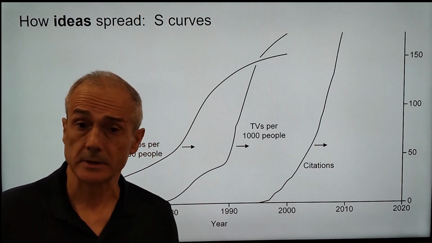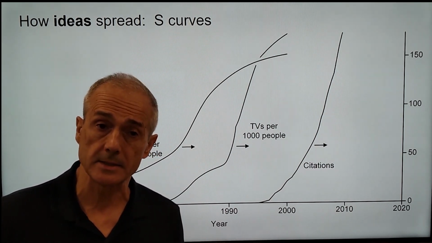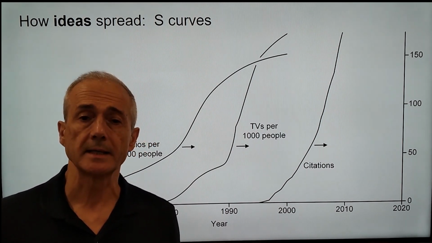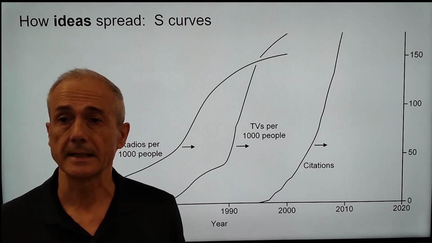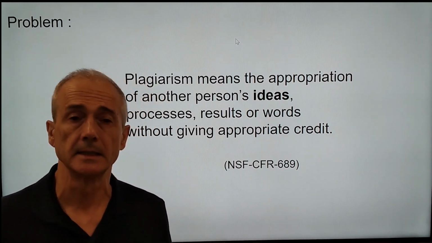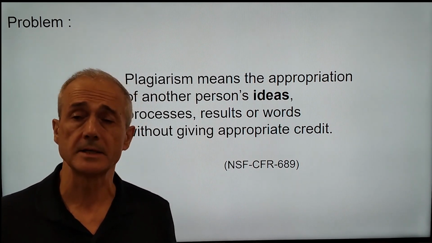My lecture is about the latter. It is about those who use ideas that are already in existence and then portray them as new. That is the kind of academic misconduct that is known to all of us.